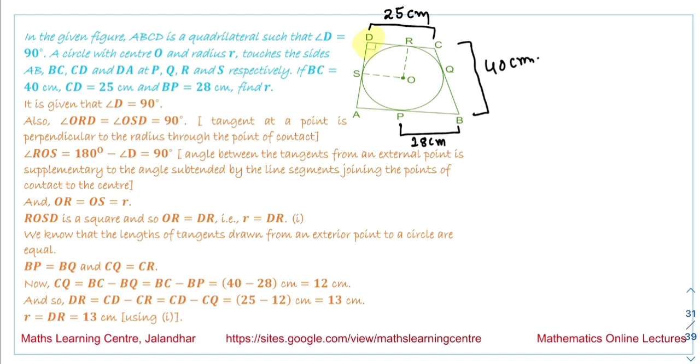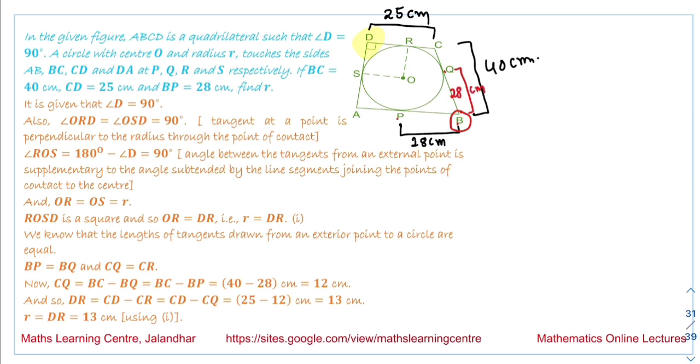So to find the radius of the circle, we have done the construction over here and we have joined the points OR and OS. Now if we look at this point B over here, BP and BQ are the tangents. So this length is also 28 centimeter.